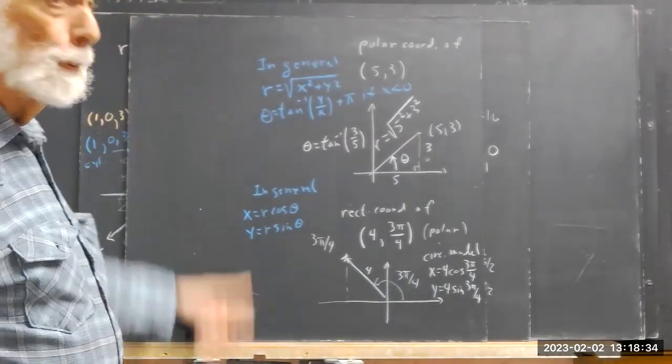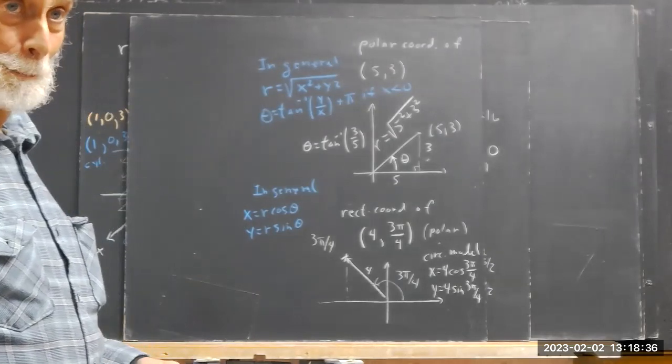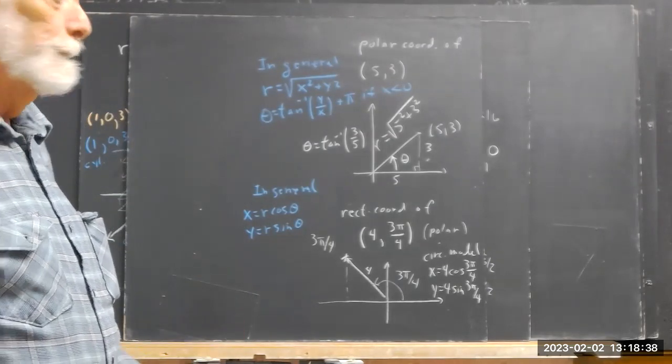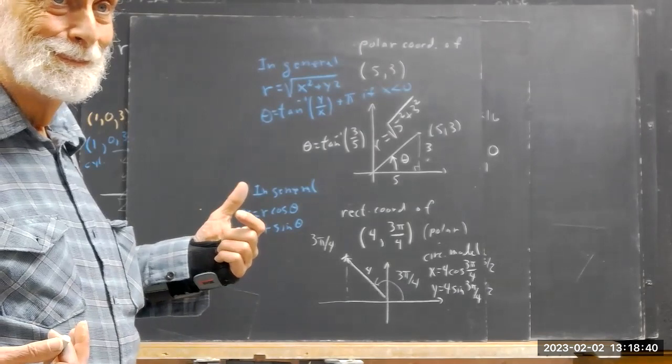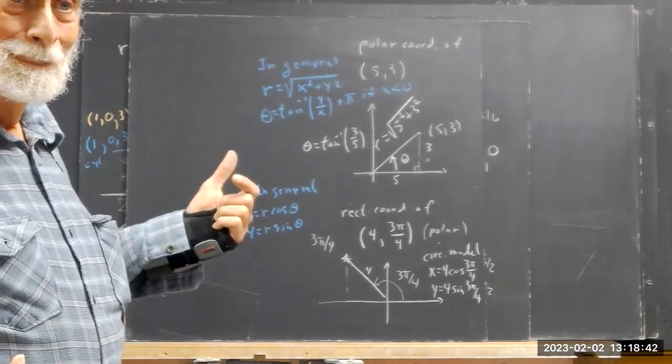That's the whole definition of polar coordinates. Cylindrical coordinates: just throw in z, and there's no conversion.